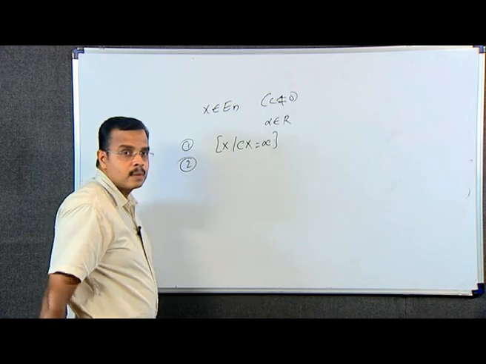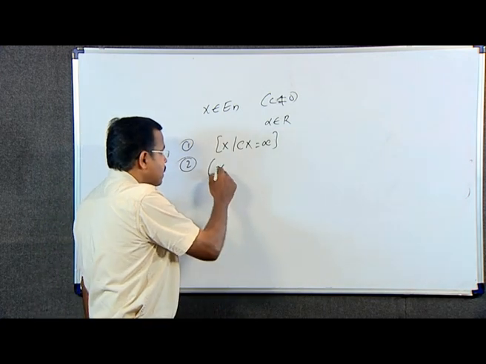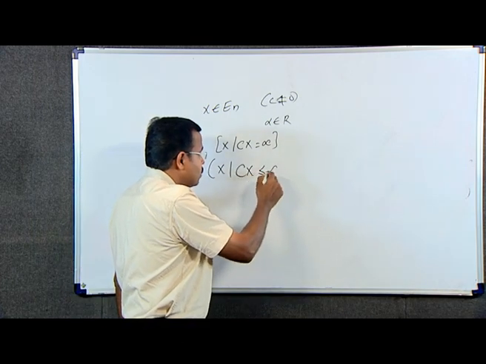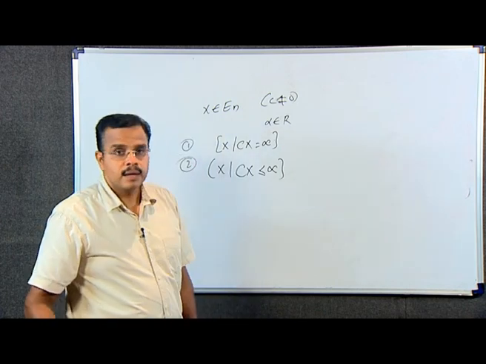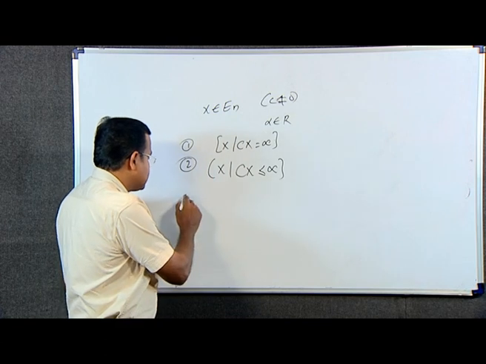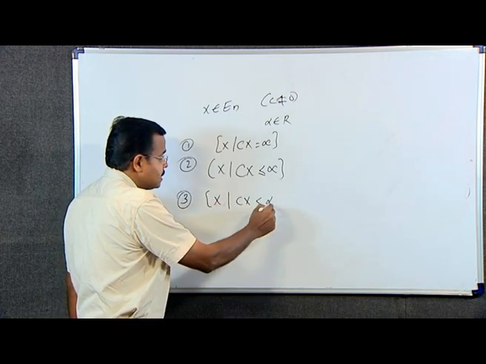Number 2, a closed half space is the set of x such that Cx is less than or equal to alpha. An open half space is the set of x such that Cx is less than alpha.